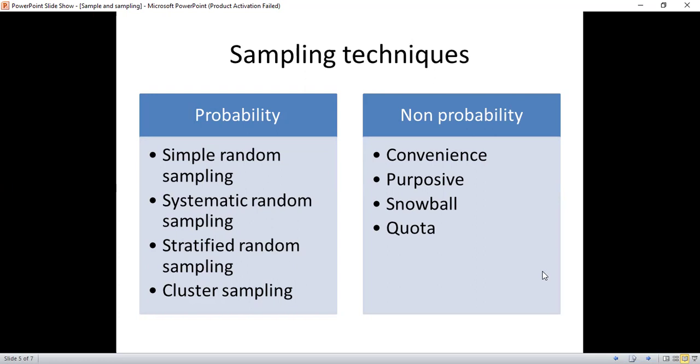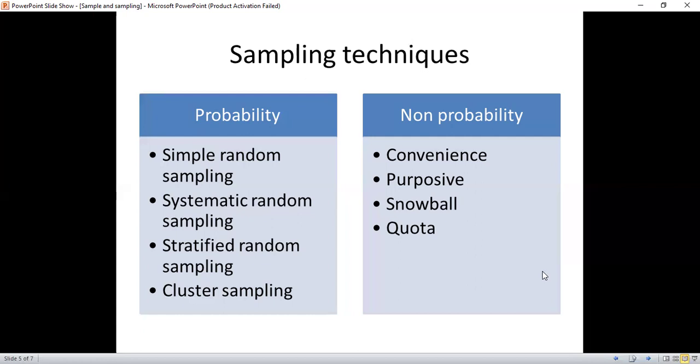Non-probability sampling techniques, in comparison, have lesser ability to give us normally distributed data. However, if the sample size is large, it can still help us attain the criteria for normally distributed data.